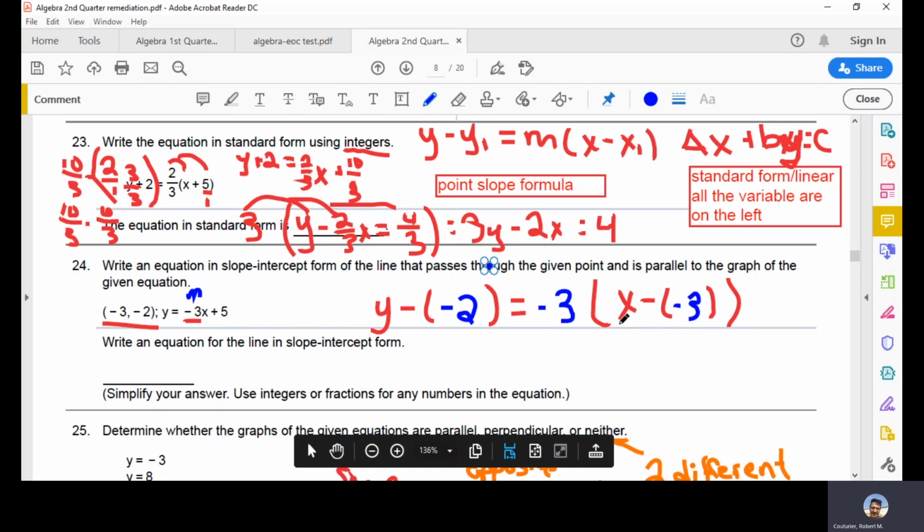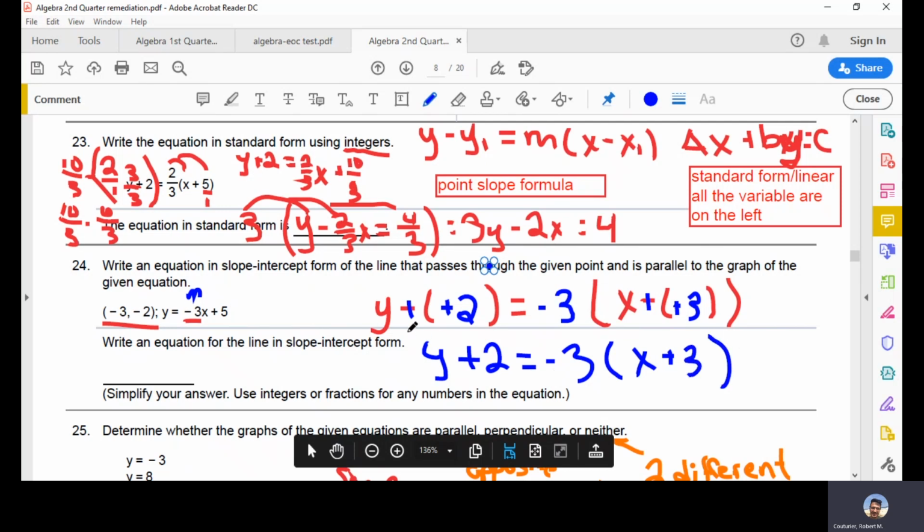You can't leave it like this. While we do have one set of parentheses in our original formula, which is fine to leave, you can't keep these second sets of parentheses here. You need to simplify this. So one more step, y. A negative times a negative, keep, change, becomes +2, equals -3, parenthesis, x, keep, change, +3.